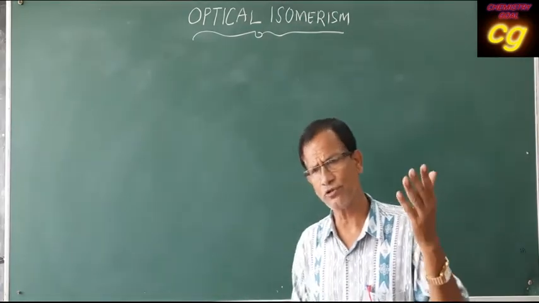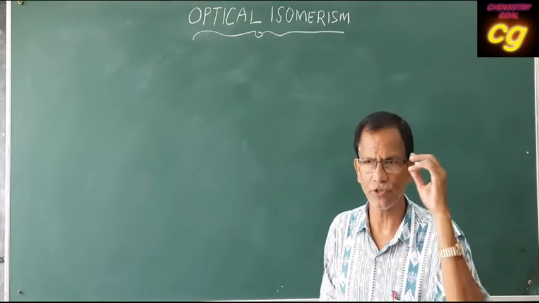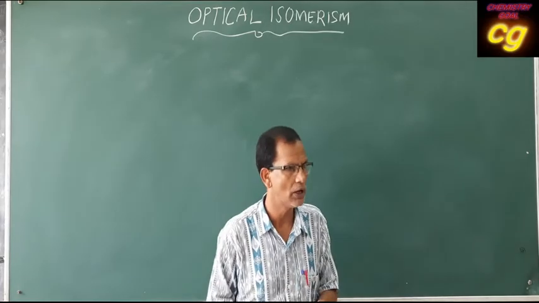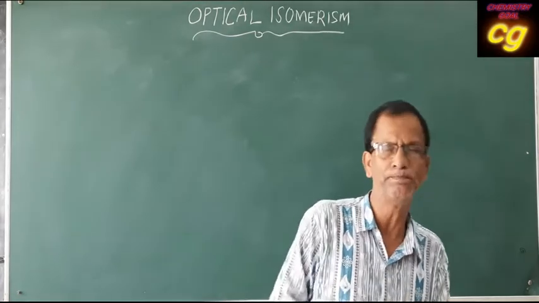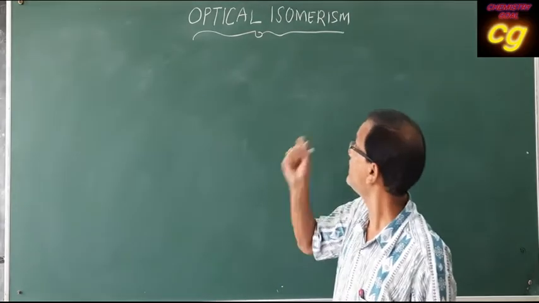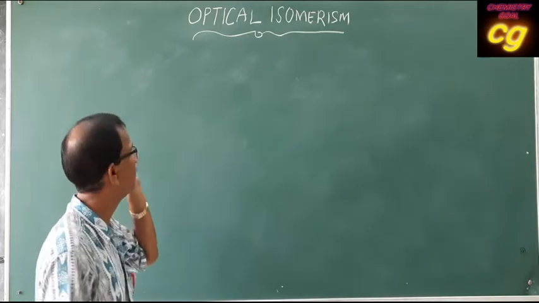There are different types of isomers: chain isomer, functional isomer, position isomer, metamer, so many types we know. But optical isomers are a specific type of isomer.